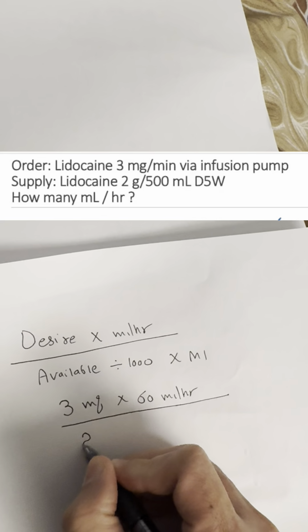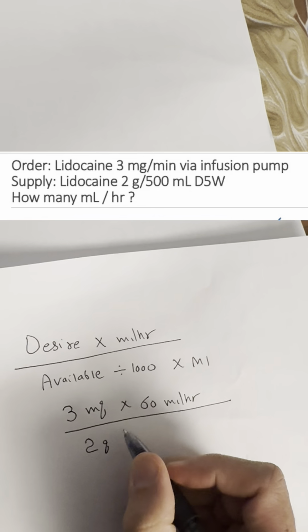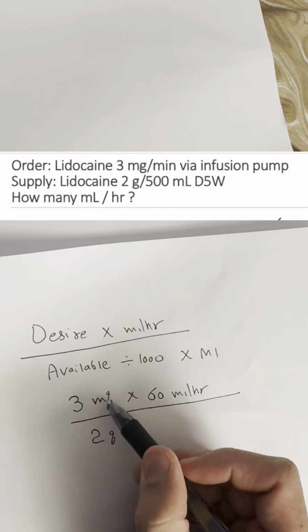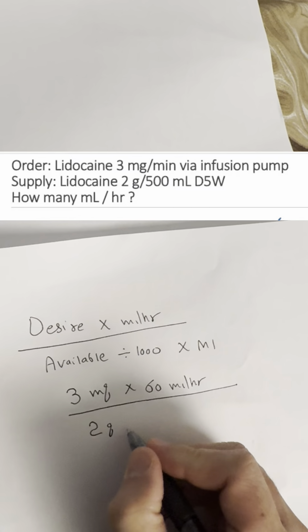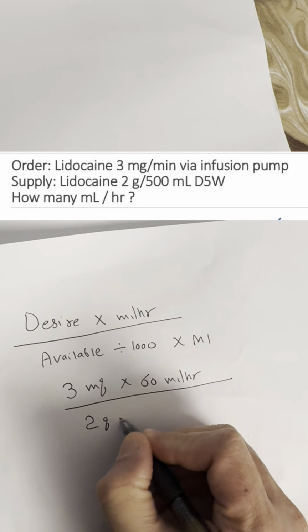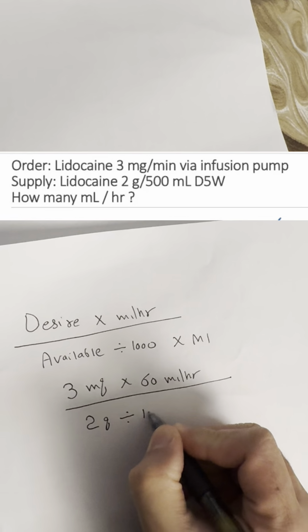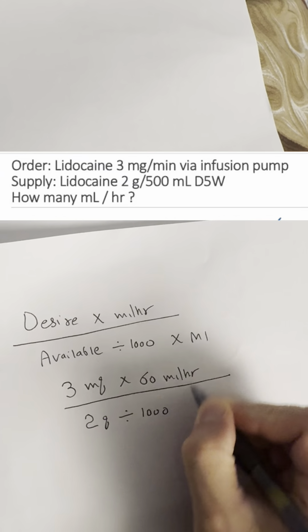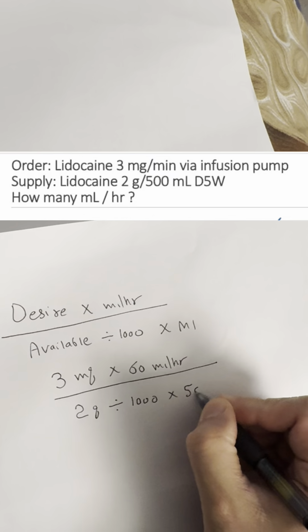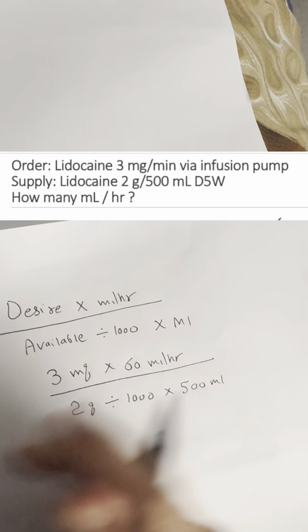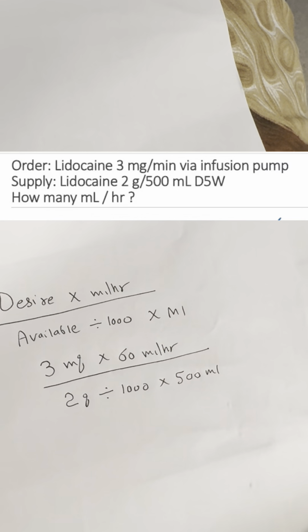Available is 2 gram, right? As I know, whenever I am going from milligram to gram, smaller to bigger, we always have to divide by 1000, correct? And then multiply by ml. What is the ml given? 500 ml, right?